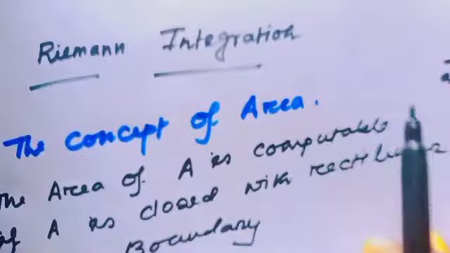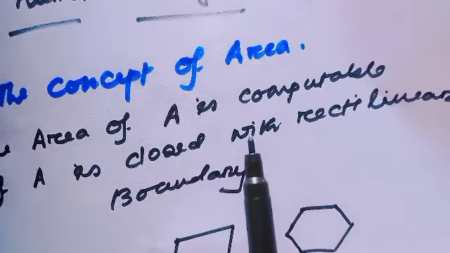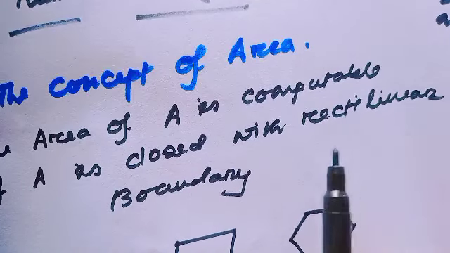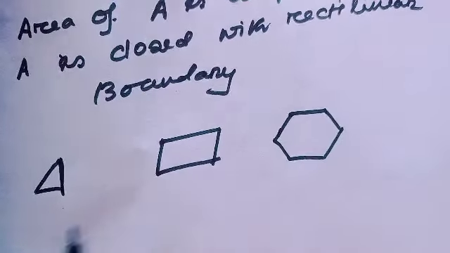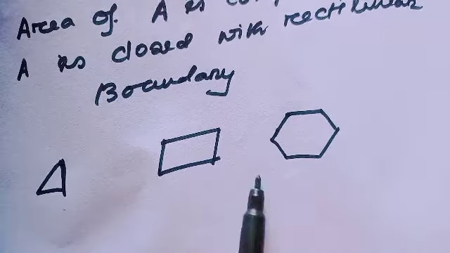We all know that if A belongs to R2, then the area of A is computable if A has a rectilinear boundary. As for example, consider a triangle, a square or any such shape.